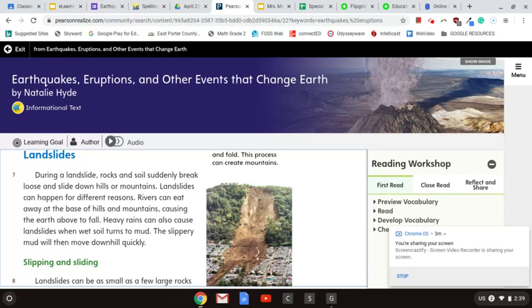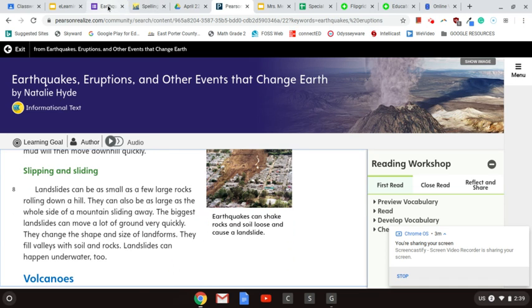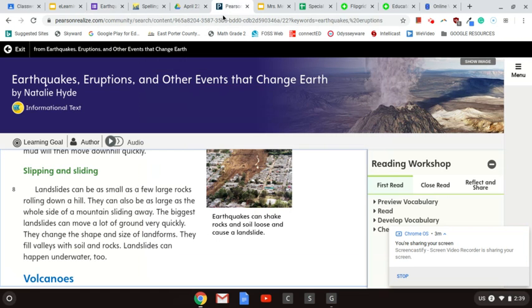Let's look back at my question. How do they change the size and shape of landforms? Oh, here we go. They fill valleys with soil and rocks. There's one answer.